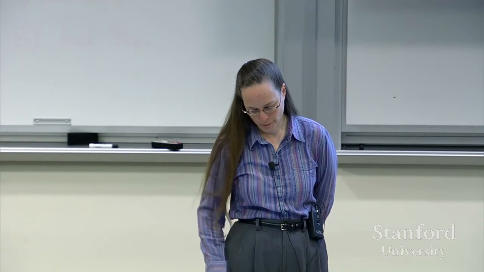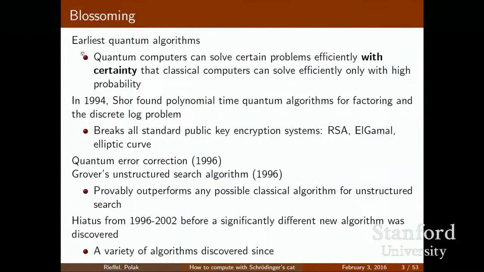What else can they do? Well, the earliest quantum algorithms, and I want you to listen carefully because this is unintuitive to most people, solve certain problems with certainty that classical computers could only solve efficiently with high probability. And this runs counter to what most people's intuitions are about quantum mechanics, because often the first bit of knowledge people have about quantum mechanics is that it's probabilistic.